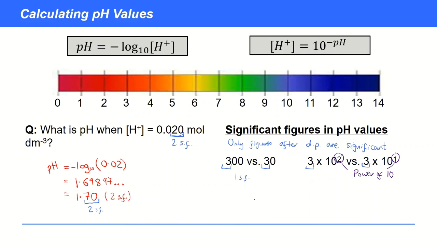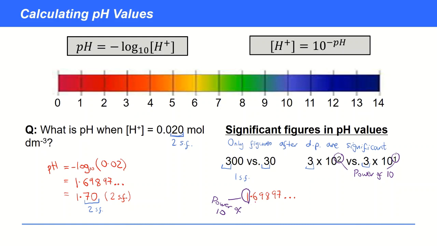Now when we get a pH value, 1.69897 and so on, because this is a logarithmic scale, the number at the front here is actually telling us the power of 10. I'll just put the decimal place back. The first number before the decimal place, be that 1 or 13, tells us the power of 10.